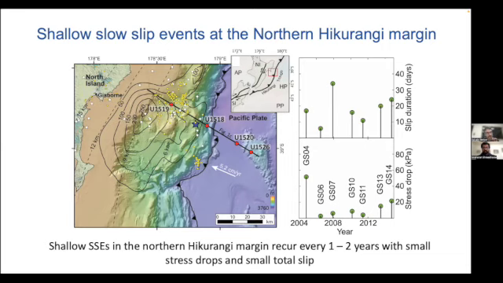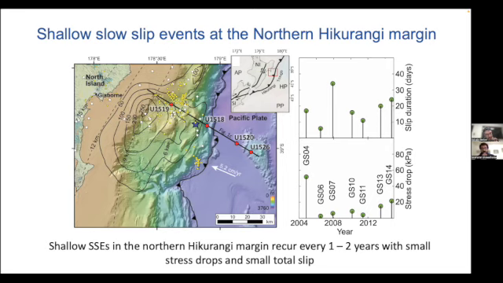They last for a few weeks and slip a fairly large area, which is what these slip contours represent, with very small stress drops and small total slip, which is what I'm showing you in these panels here. You can see the stress drops are on the ballpark of under 10 kPa even, and the slip duration is a few weeks on average.